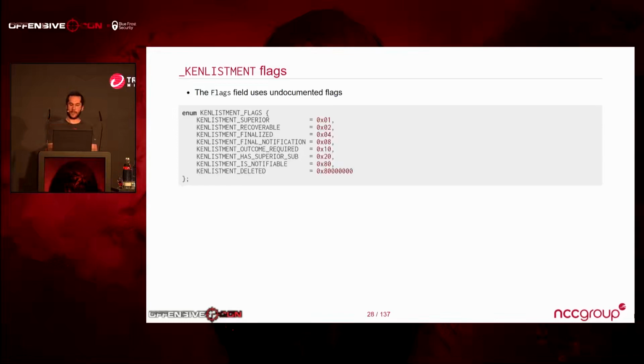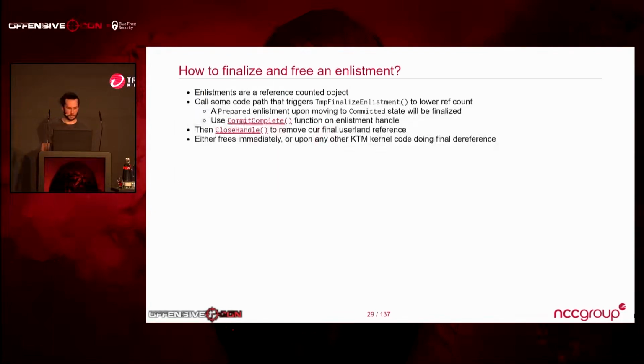And the second important flag is the superior flag, because in the KTM world they have this concept of distributed transactions between different hosts, and you can have a superior resource manager and superior enlistment that orchestrates the others. But in our case, we don't really care, so that's something we can ignore for now when we reverse engineer.